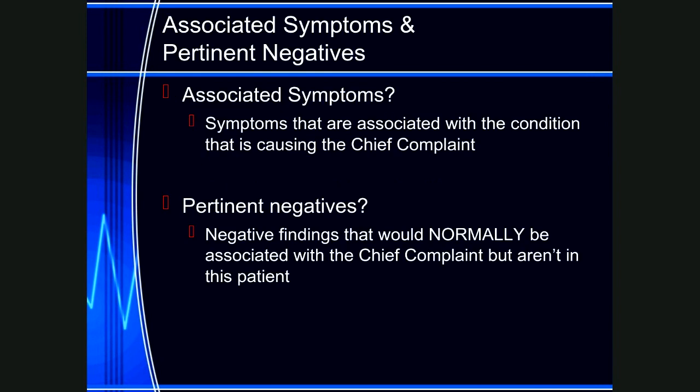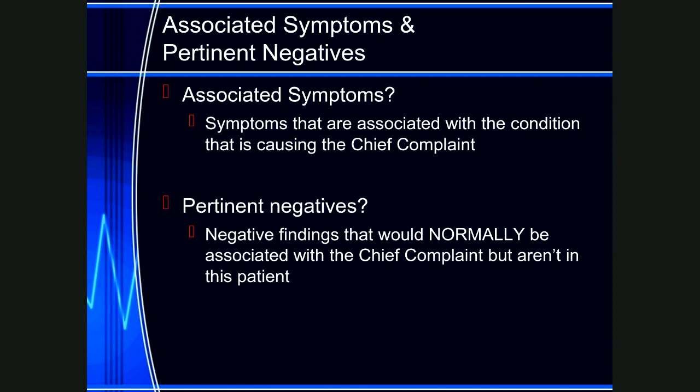And we'll talk a little bit about associated symptoms and pertinent negatives. Associated symptoms are symptoms that are associated with the condition that is causing the chief complaint. An associated symptom would be, their chief complaint is chest pain.